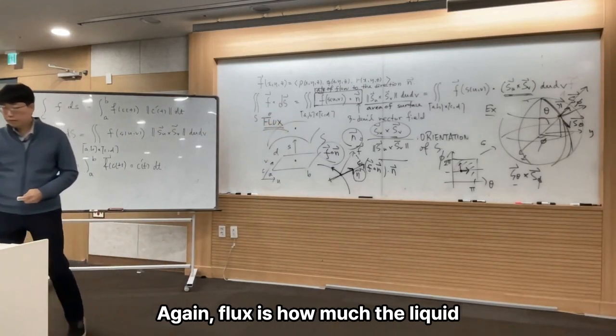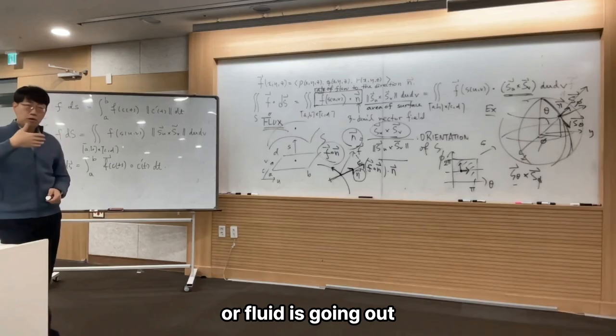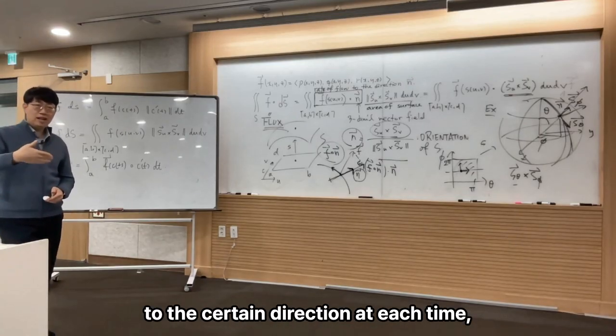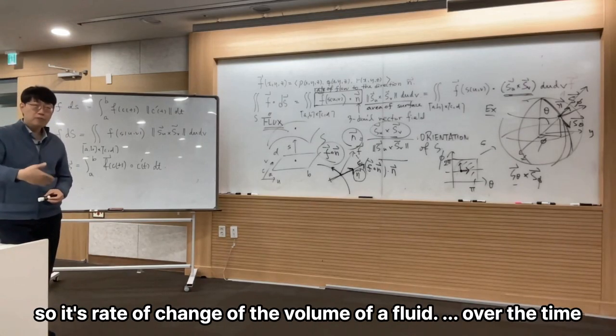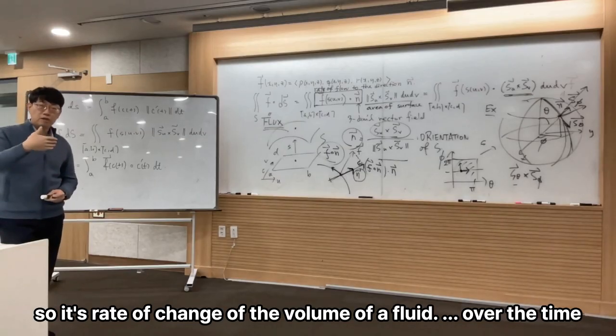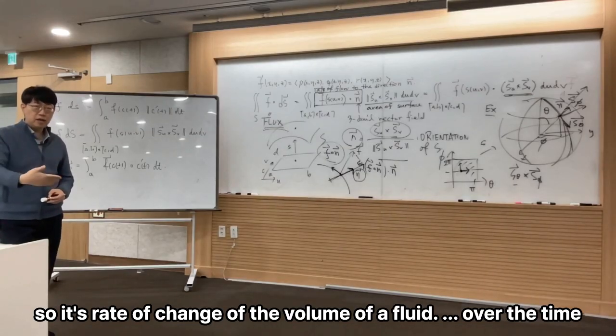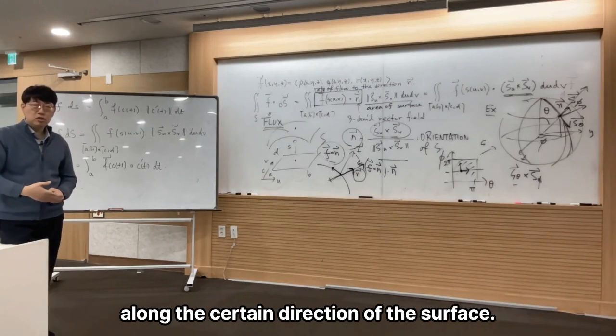Again, flux is how much of the liquid or fluid is going out in a certain direction at each time. So it's the rate of change of the volume of a fluid over time along a certain direction of the surface.